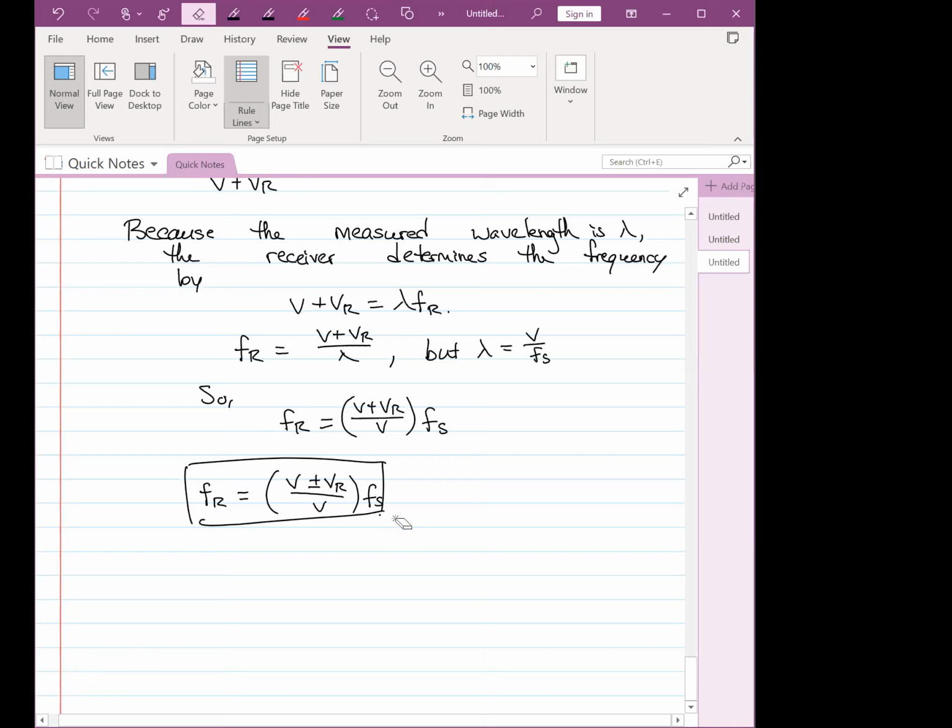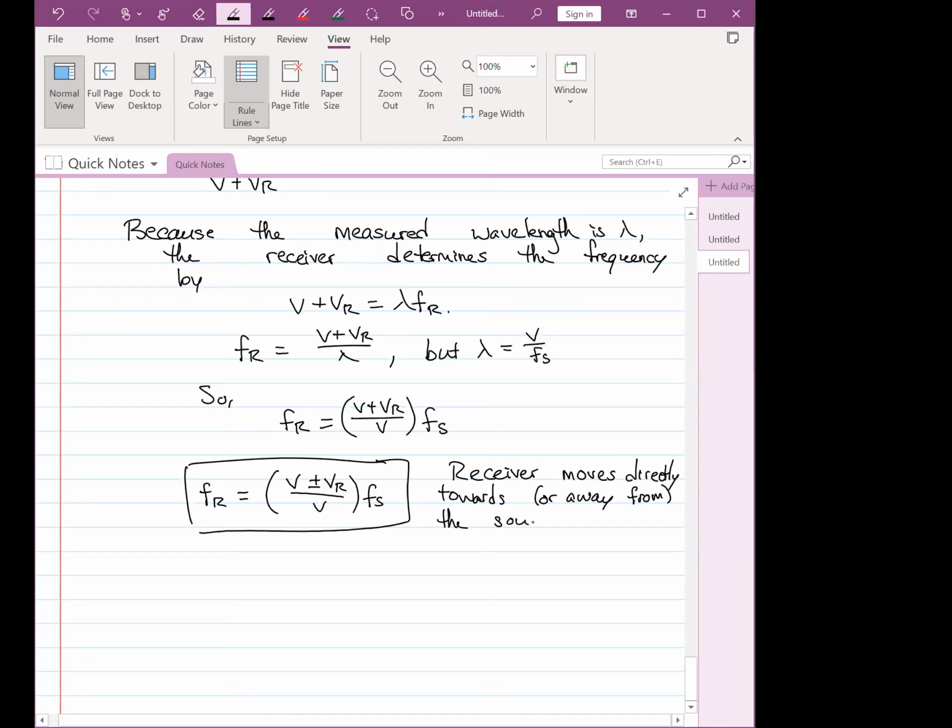This formula is applicable when the receiver moves directly towards or away from the source, but the source is stationary. Using the same convention, the top sign, the plus sign, is when the receiver is moving toward the source. The direction of motion matters here.